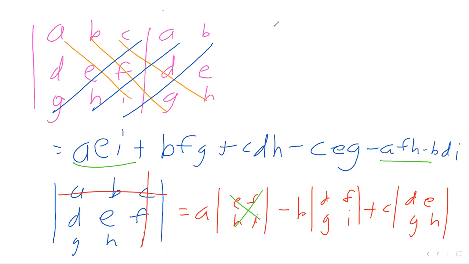For the B, it'll be a minus BDI plus a BFG. And then for our last one, doing our cross, a CDH minus a CEG.